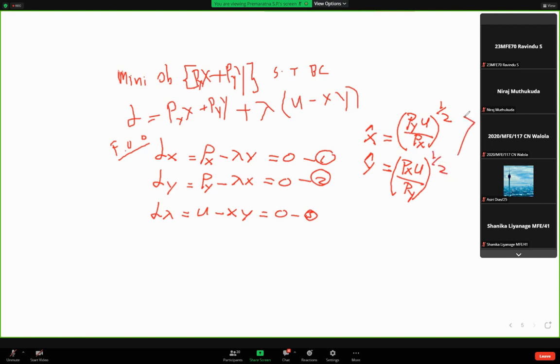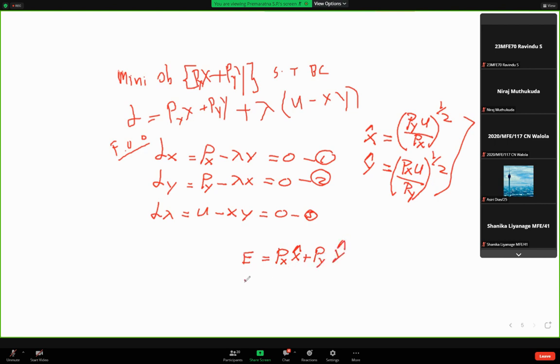These two are the optimal values with minimal expenditure. If you plug these into the expenditure function, what is the expenditure function? It is px x hat plus py y hat.